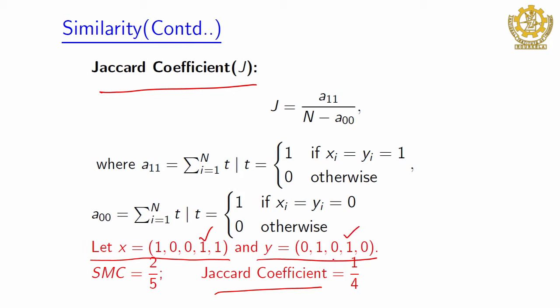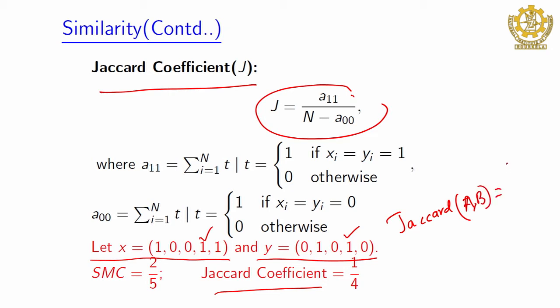The Jaccard coefficient between A and B is A intersection B divided by A union B, which we studied earlier. So, this is Jaccard.